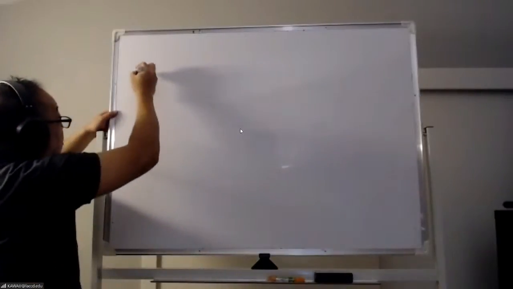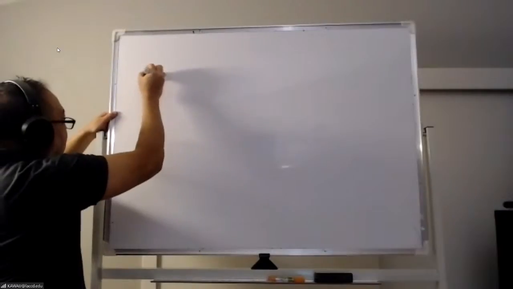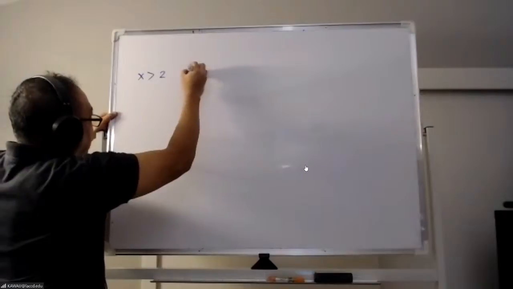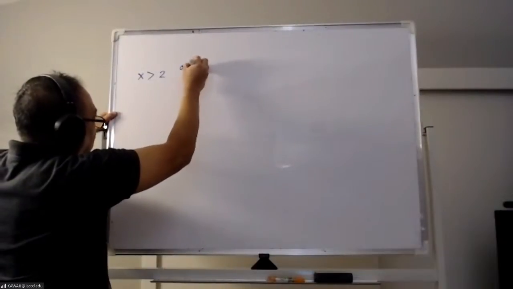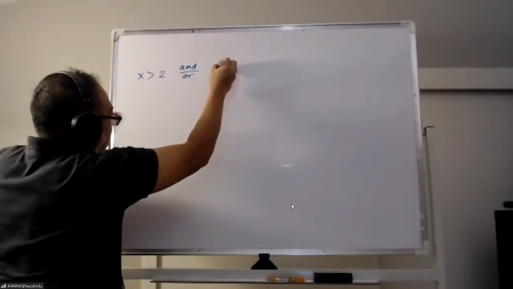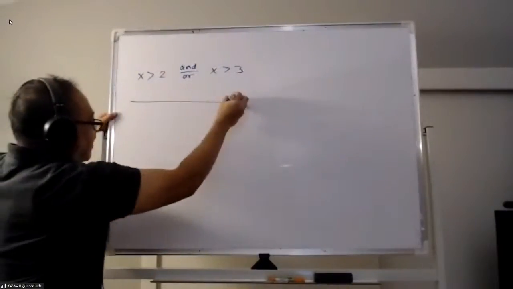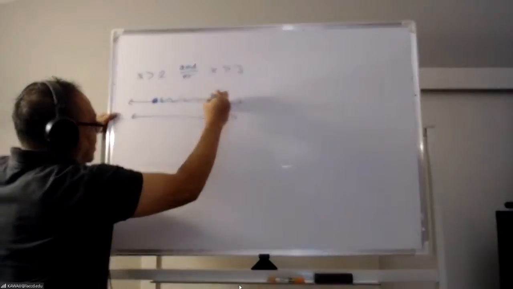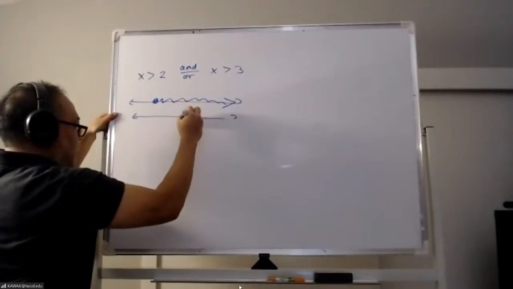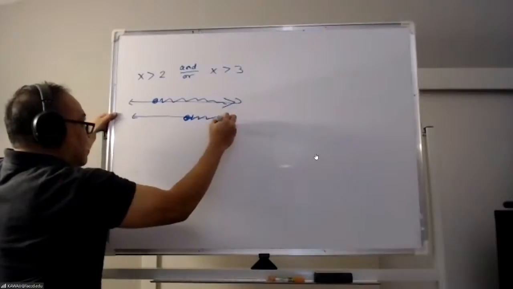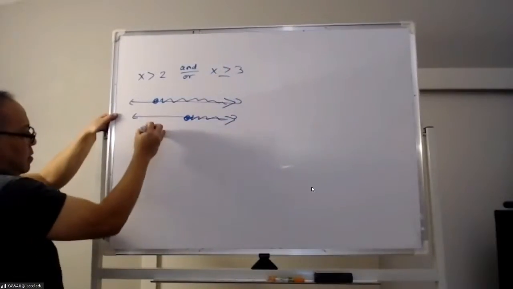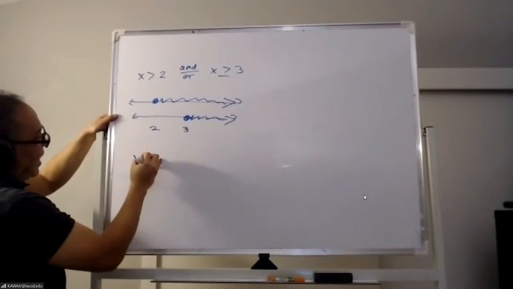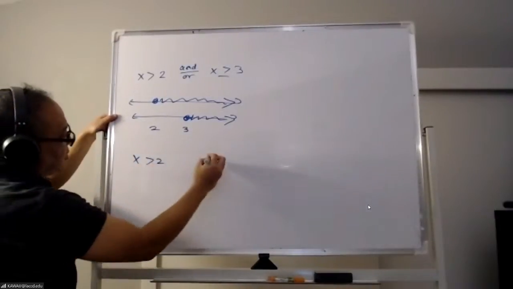Basically, I can either do something like this, and this is "and" or "or", meaning that I have 2 things that are going in the same direction, or I have them crossing each other.